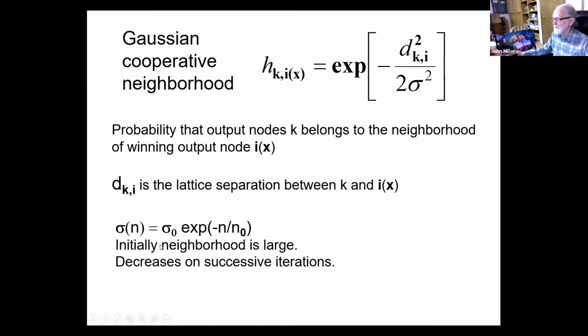And that parameter varies with iteration. It starts out to be a large variance, which means that there's a possibility of quite a few neighbors contributing to being the winner. And then as we iterate, that neighborhood shrinks smaller and smaller. And again, as we assemble our team to give us the great advantage of winning the competition of what node is closest to a given input vector.